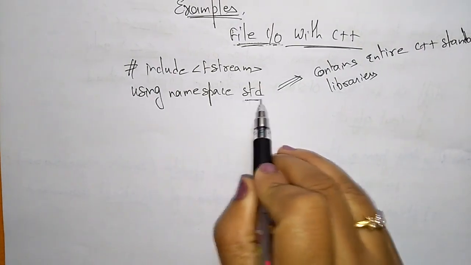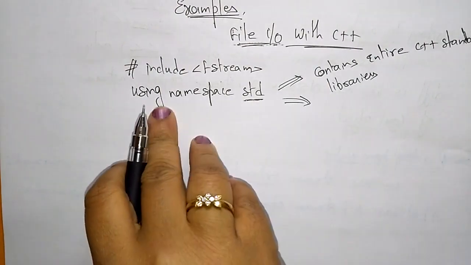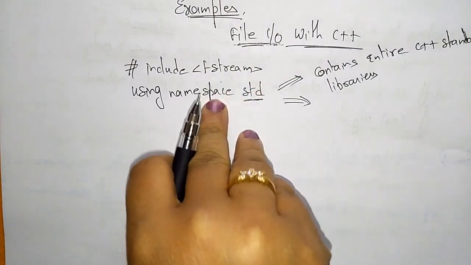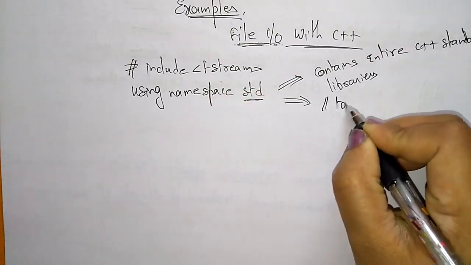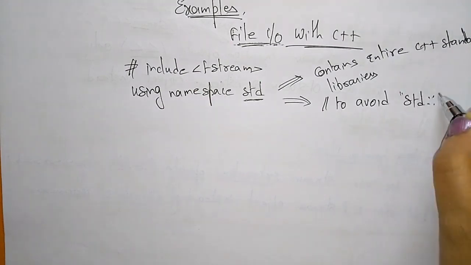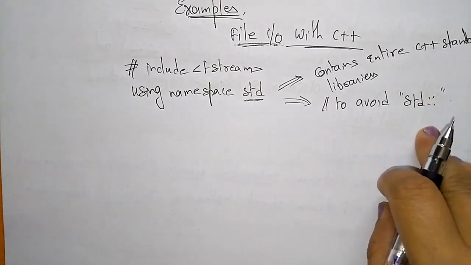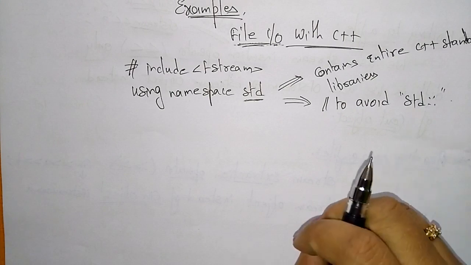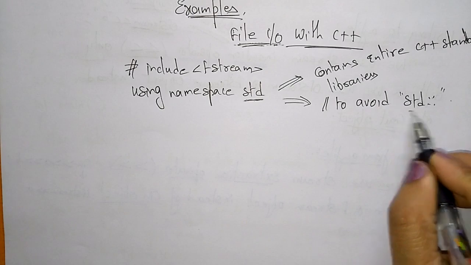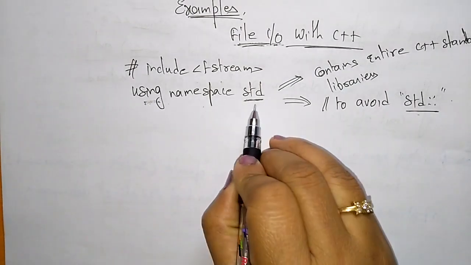We declare this using namespace std before the main program to avoid writing the std scope resolution operator for every class or every function. Instead, we declare it at the start of the program.